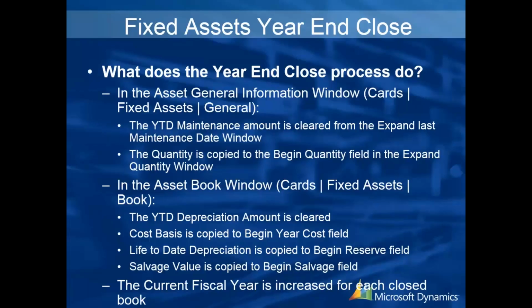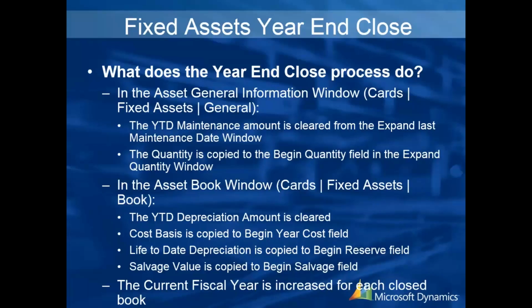Prior to the newer versions, you had to run and print all of your fixed asset reports before you closed the module, because once you close the module, all that year-to-date information zeroes out and there was no way to get a report. Okay, so it is 2013 R2 where that change came out.